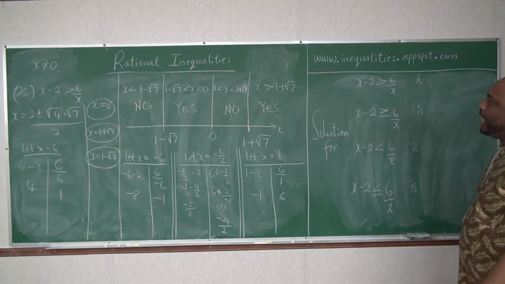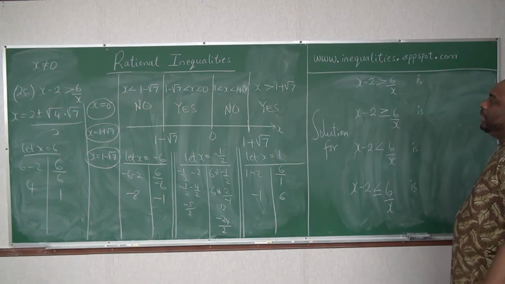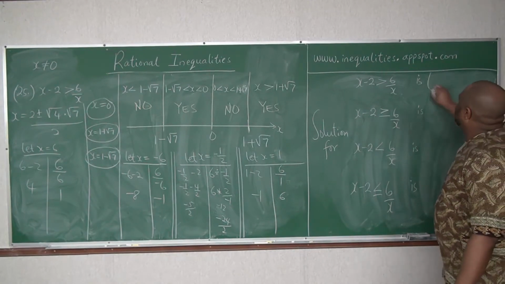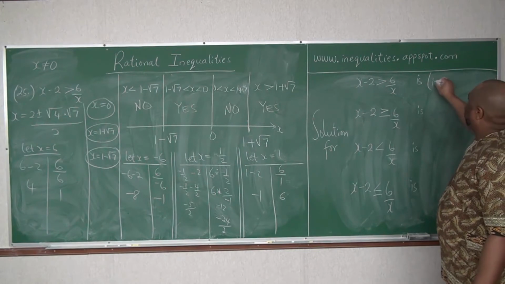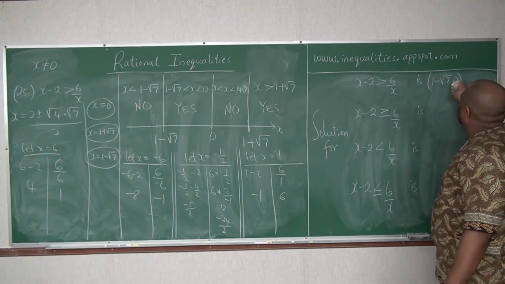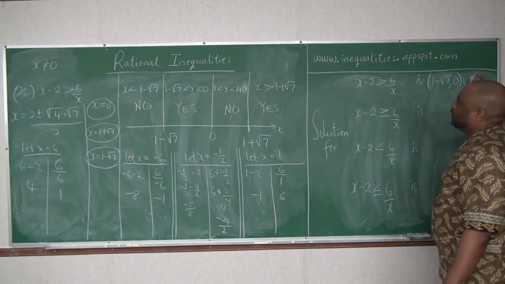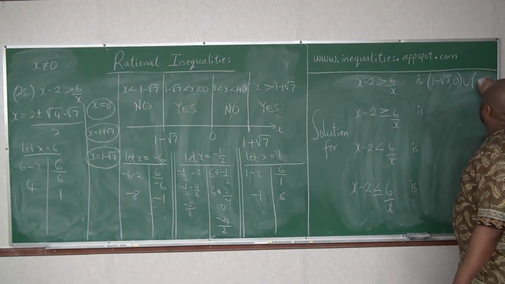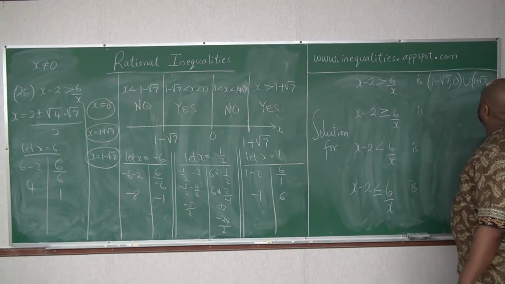Alright, the first one we have is parenthesis 1 minus root 7 to 0, comma 0, union 1 plus root 7 to infinity.